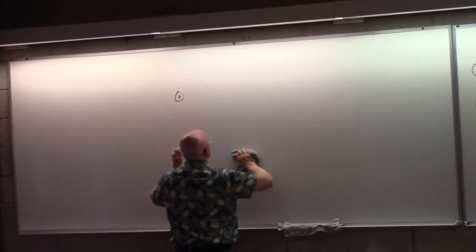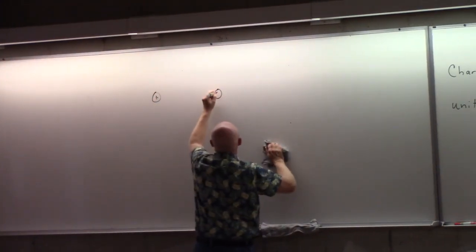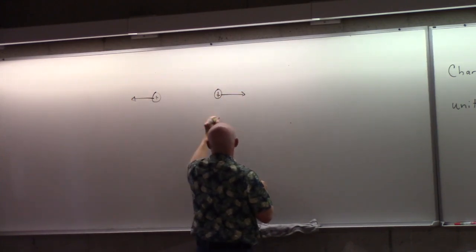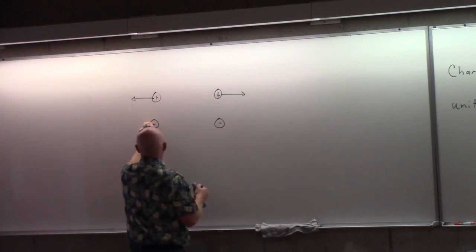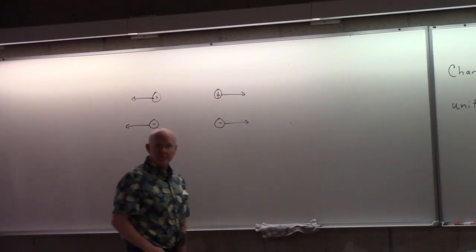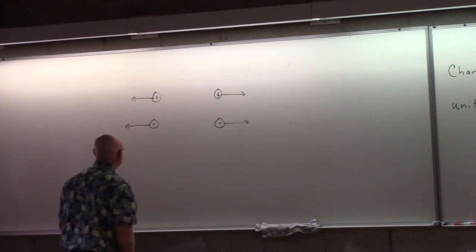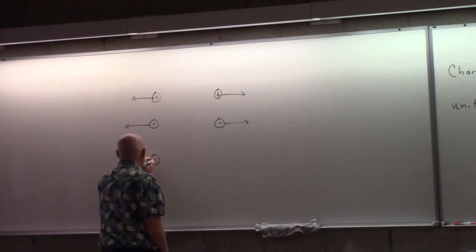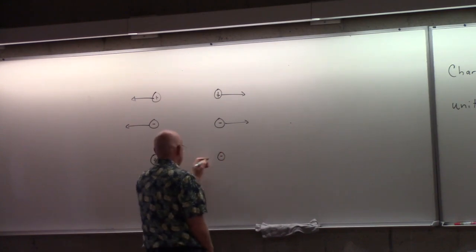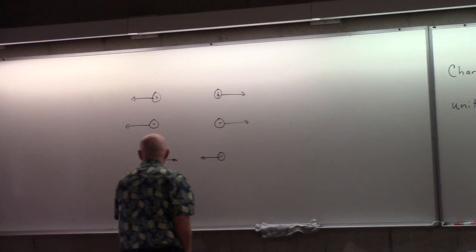So if you have a positive and a positive near each other, they repel. But also, if you have two negatives, they also repel. And of course, if you have a positive and a negative, they end up attracting.